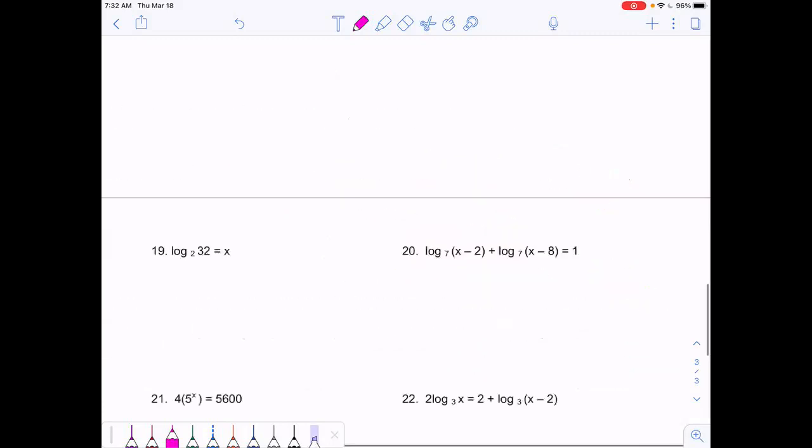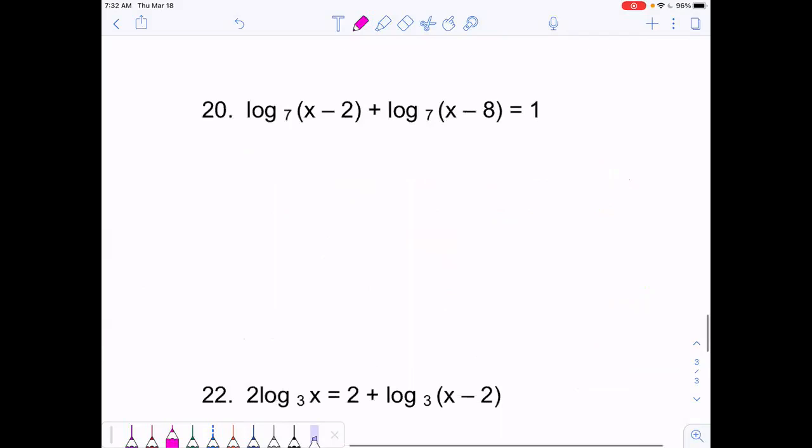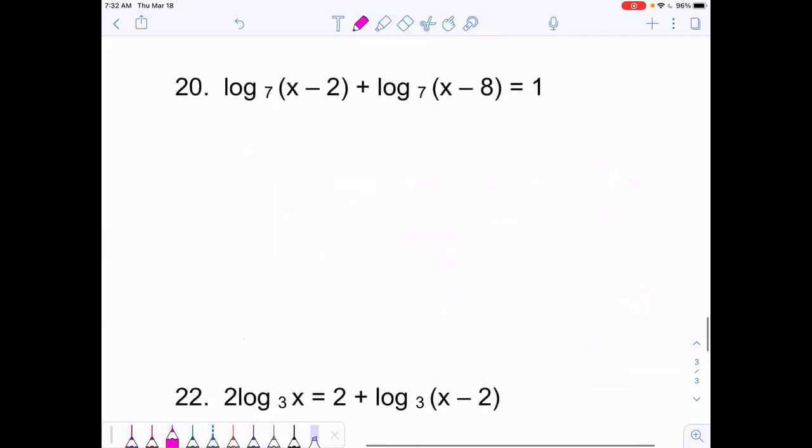All right, if you continue on and look at number 20, a lot of you are missing a step here when you're solving for logs. Alyssa, when it has a plus sign, what would we do to condense the logs on the left side here? Yeah, we would multiply. So we've got the log base 7. That part doesn't disappear.